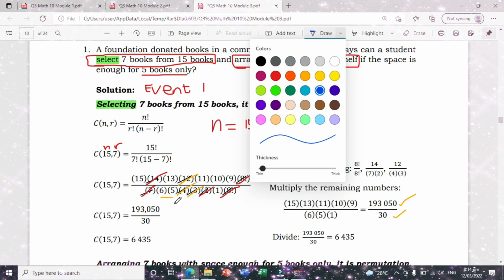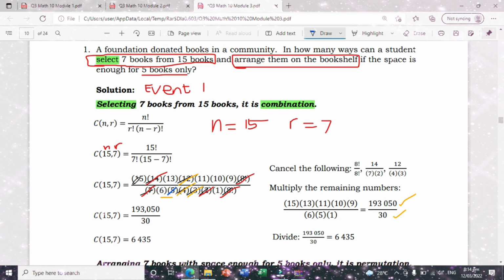Tingnan natin ha. Itong 5 at saka 15, pwede ito ma-divide by 5. 15 divided by 5 is 3, while 5 divided by 5 is 1. Yung 15 naging 3 na, while yung 5 sa baba, naging 1.